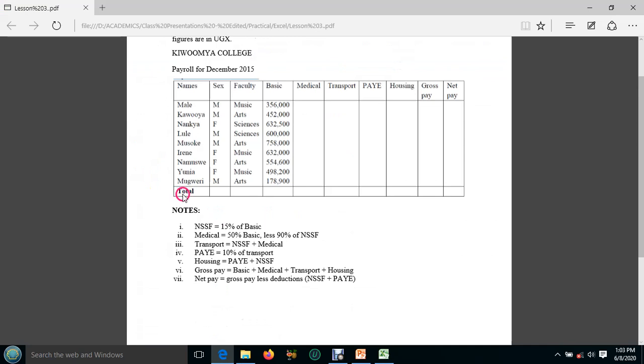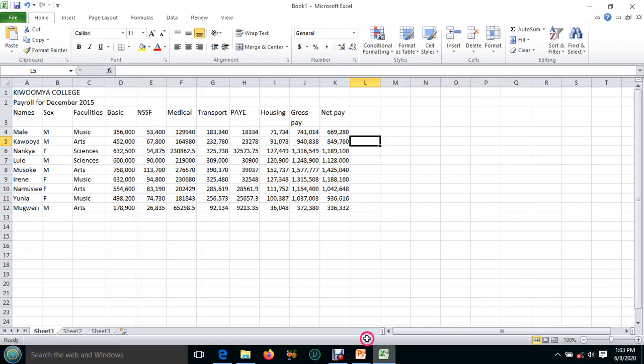Under our table here, we also have total. That means that they want us to get the total for basic. So let's get that. You can also include here total.